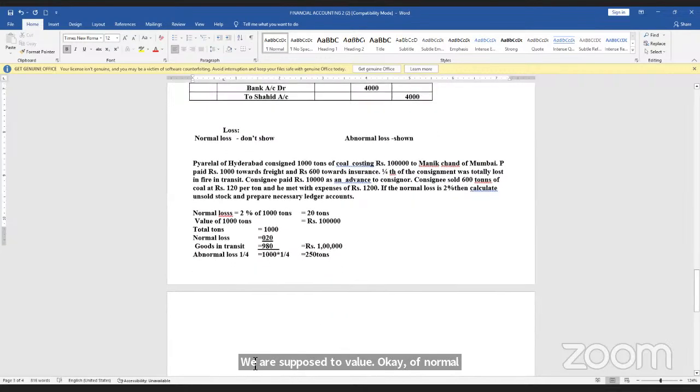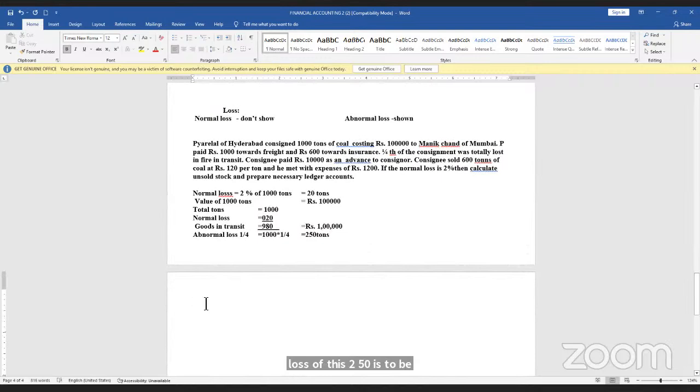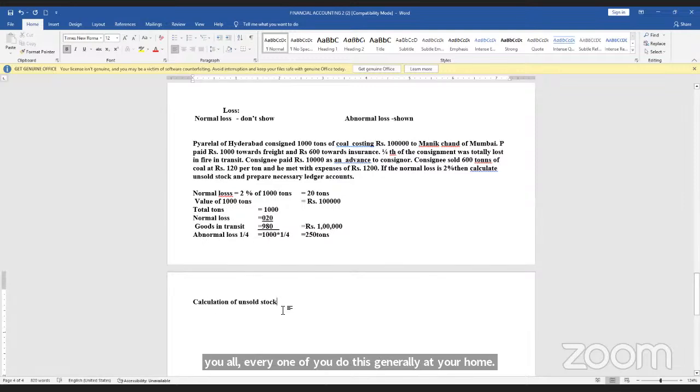Now let us calculate unsold stock. Every one of you does this generally at home, general calculations. So don't see this as a subject. Calculation of unsold stock.